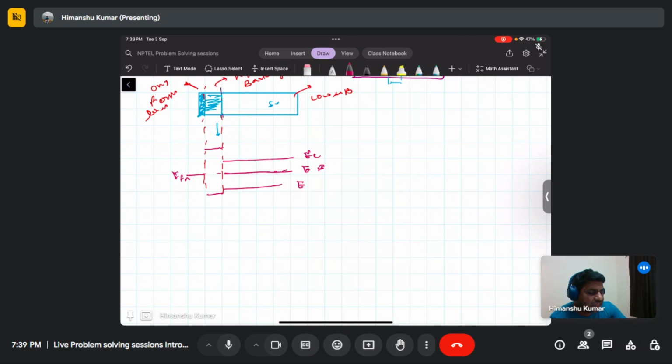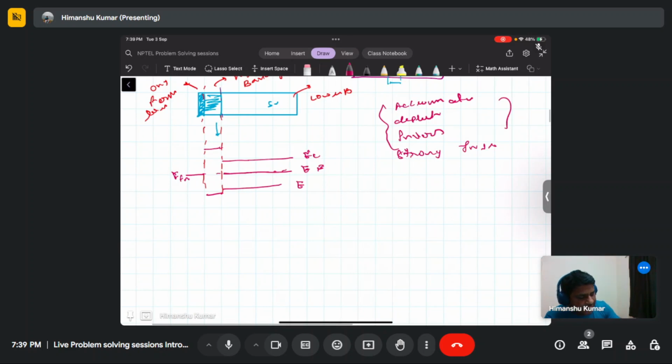Basically, these are accumulation, depletion, inversion, and then strong inversion. So this kind of region.